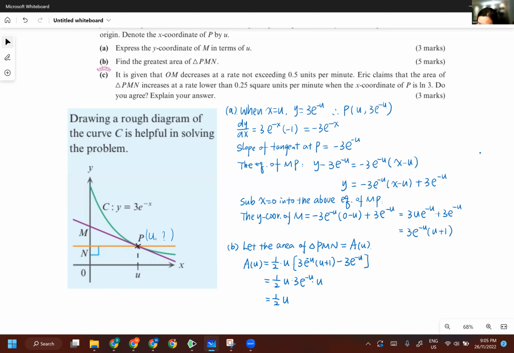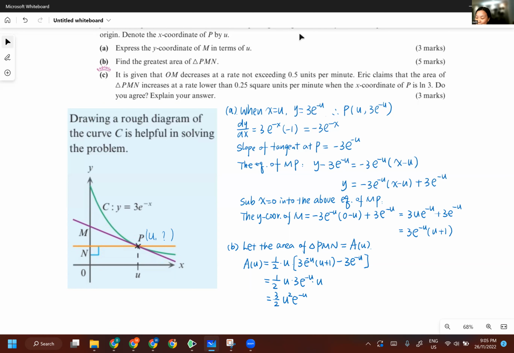Sorry, I put 3 in front. It should be 3 over 2 u squared e^(-u). Isn't it? Let me check. Yes. I have to make sure this is correct, otherwise if you move on, then no.